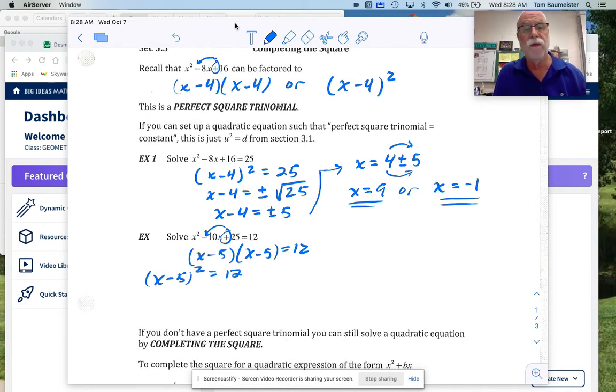And we're going to just do what we did up above. So I'll get x minus 5 is equal to plus or minus the square root of 12. Now remember, the square root of 12 you can actually simplify.